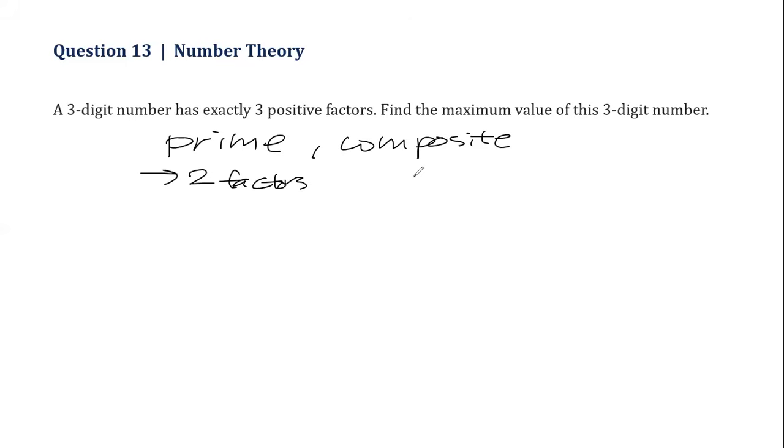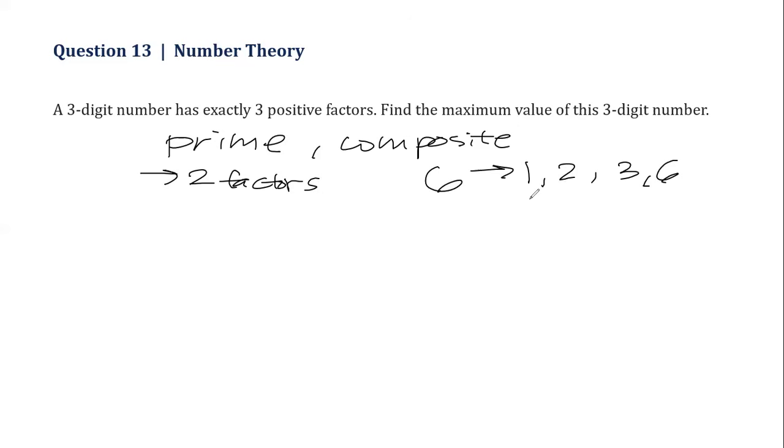Let's say we have 6. 6 is a composite number, and its factors are 1 and 6, 2 and 3. So as you can see, it has 4 factors.